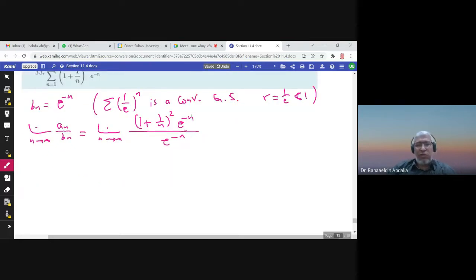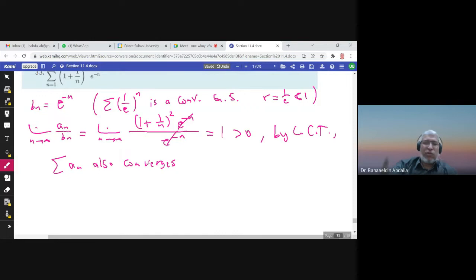Now these two cancel. And when I find the limit of this when n approaches infinity, 1 over infinity is 0. 1 plus 0 square is 1, and it's greater than 0. So by limit comparison test, summation an also converges.